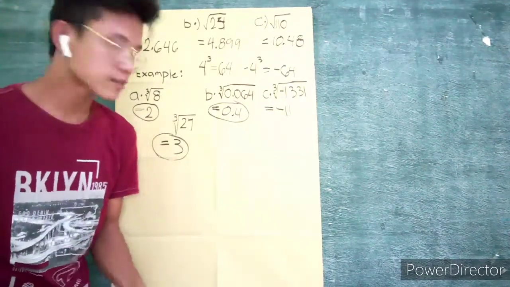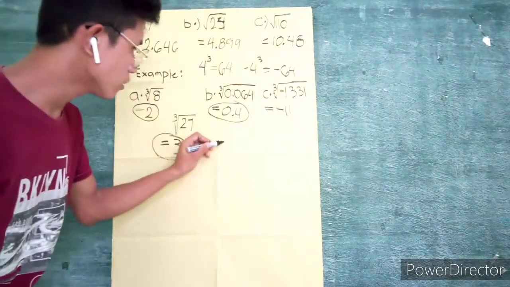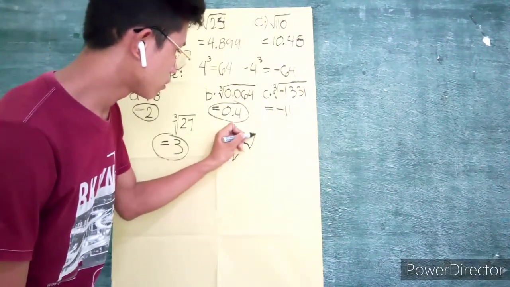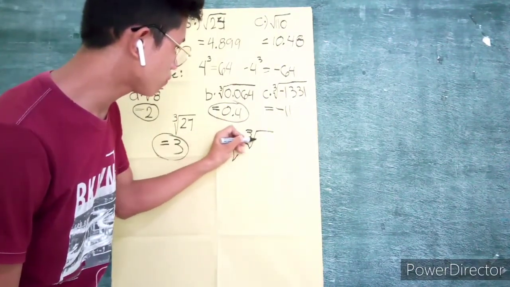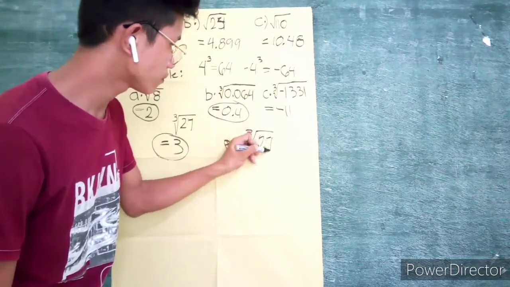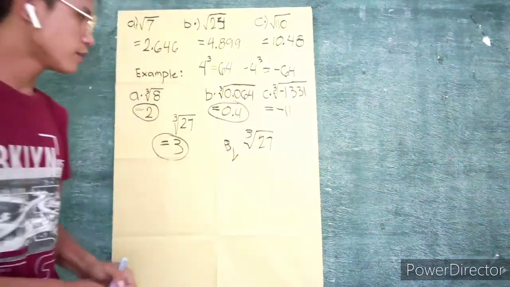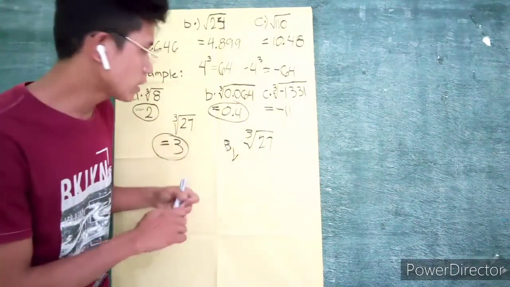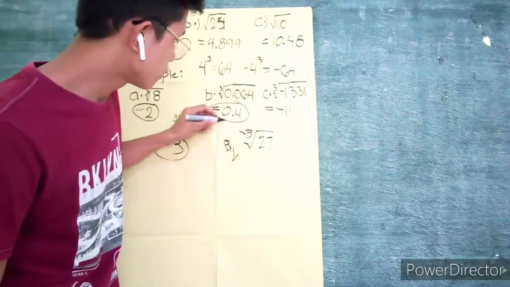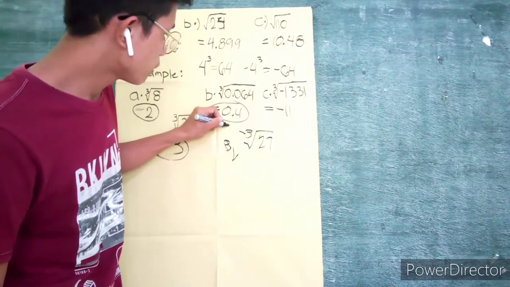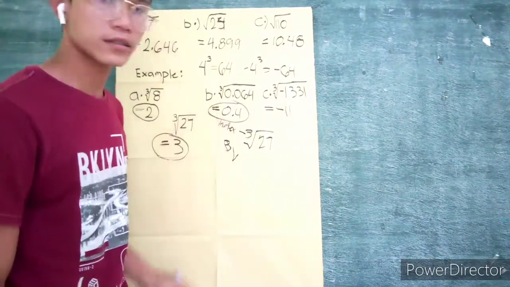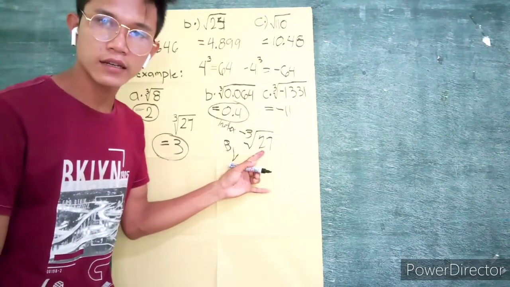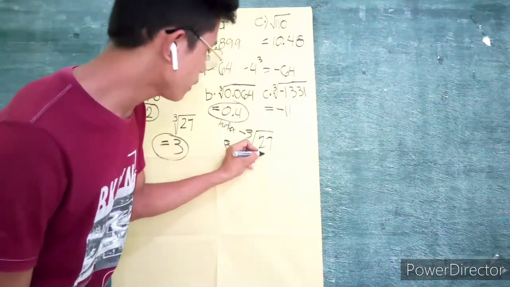By the way, class, in this expression, we have cube root of 27. So in this expression, the 3 is what we call index, okay? Index. And then this is the radicand, okay?